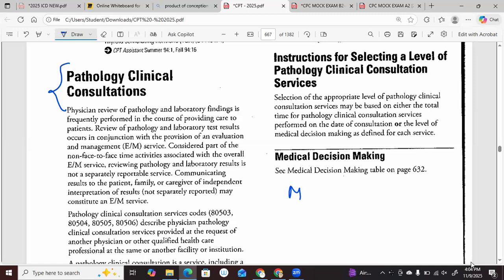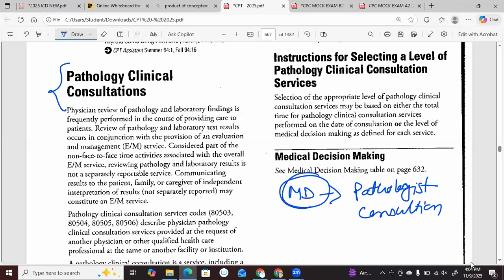So let's say there is an MD, and the MD wants our pathologist to provide the consultation. We are doing the billing for the pathologist. If it is requested by the MD or the provider, then only we are going to bill the pathology clinical consultation codes.